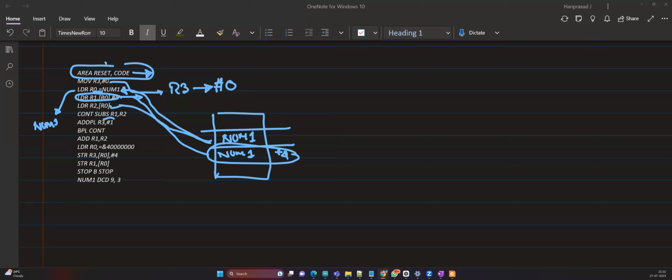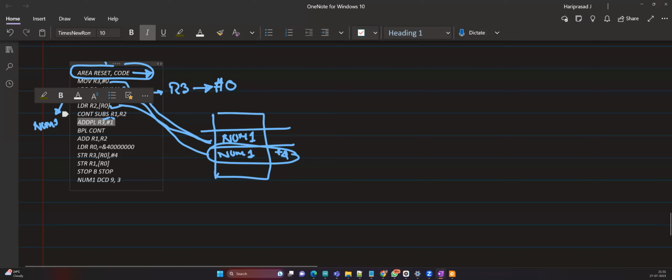BPL means if the number is plus, then continue the loop. It is branch if positive. And here also, ADDPL is add if positive. Branch if positive, it will add only if the number is positive. So ADDPL means if the number is positive, then it will add 1 to R3.